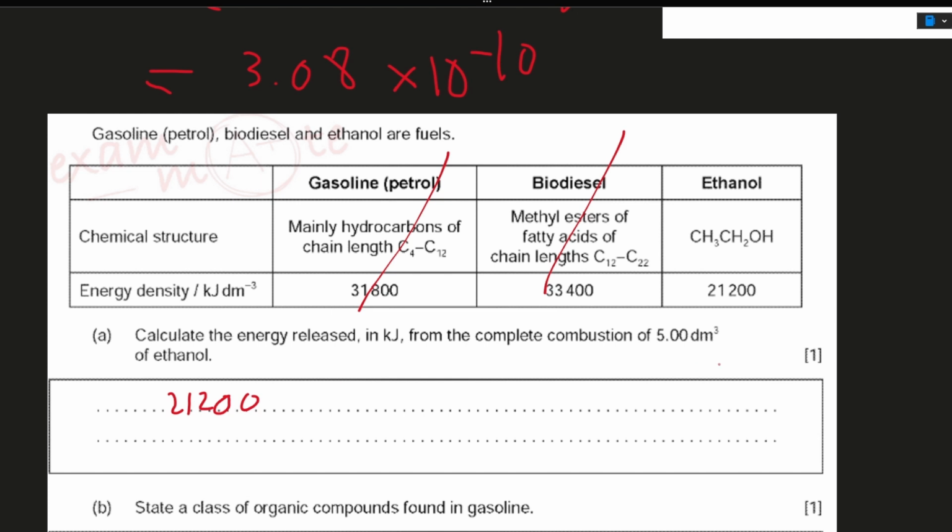But since we're calculating the complete combustion of 5 decimeter cubed of ethanol, we should multiply this number by 5, which should give us 106,000, which can be written as 1.06 times 10 to the power of 5.